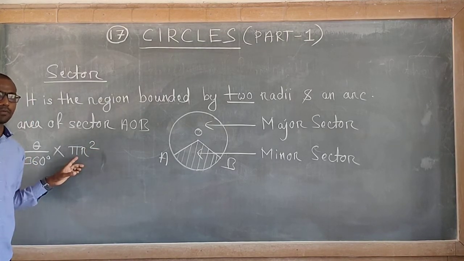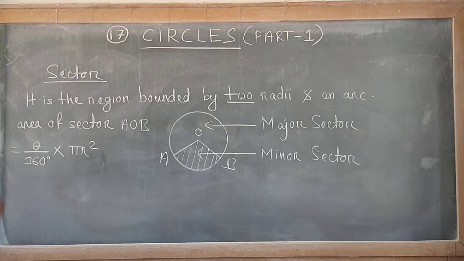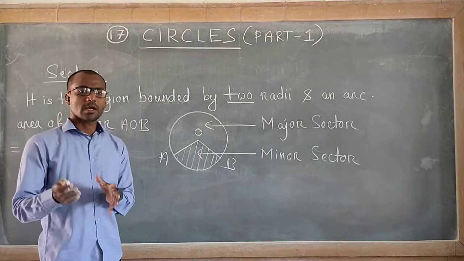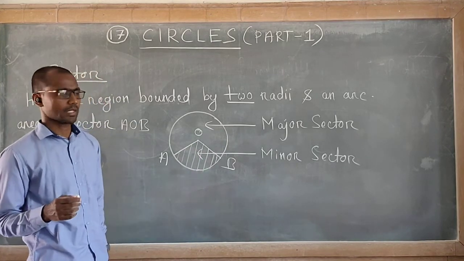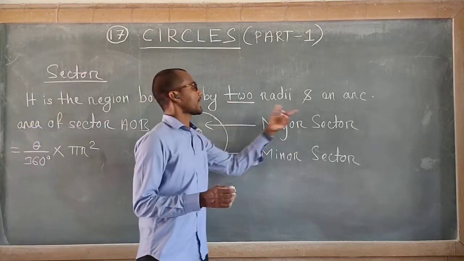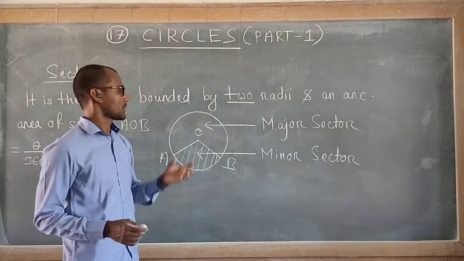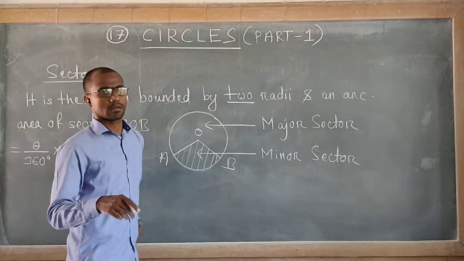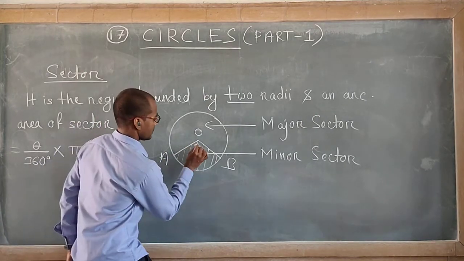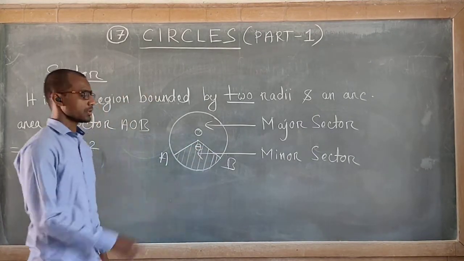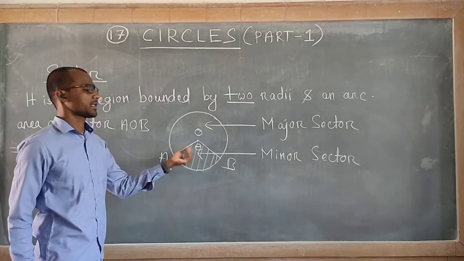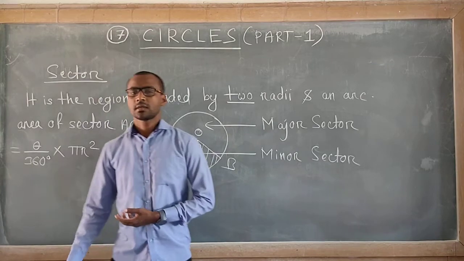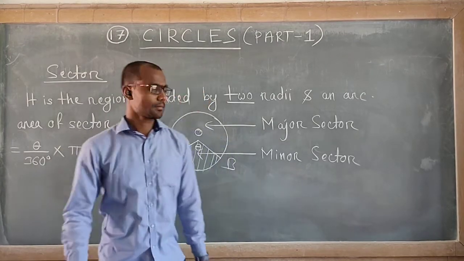You know this formula from lower class. What is theta? Theta is the angle subtended at the center by the arc of that sector. If this is 60 degree, then 60 by 360. If this is 80 degree, then it will be 80 by 360. Clear?